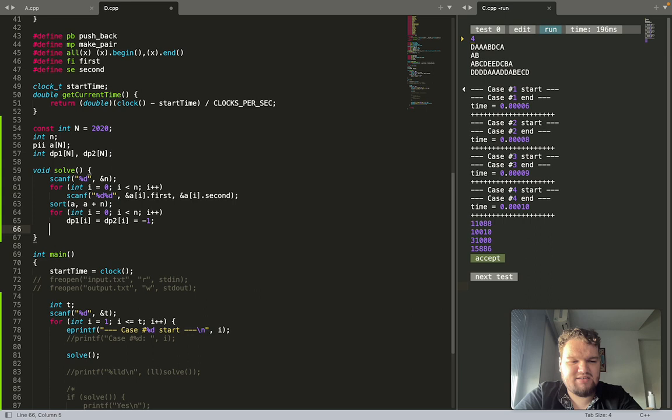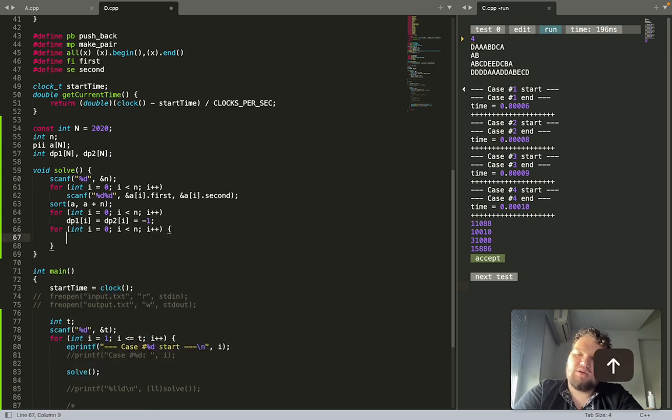Okay, so I think it is easier to do DP forward, since I'm only doing transitions to the right.